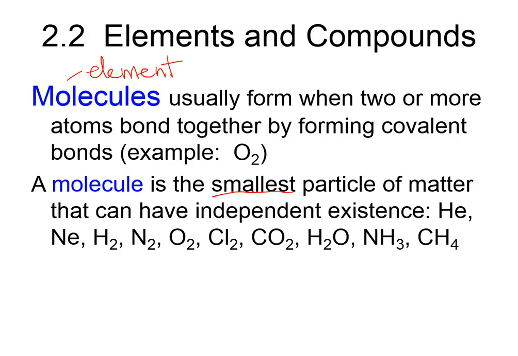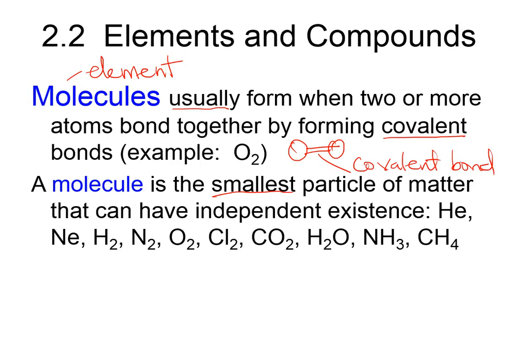But here we say that molecules usually form when two or more atoms bond together by forming a covalent bond. So we'll talk about what this covalent bond is. For example, here, oxygen, we write it this way. So here, in between them, we have a covalent bond. But we'll talk about that.